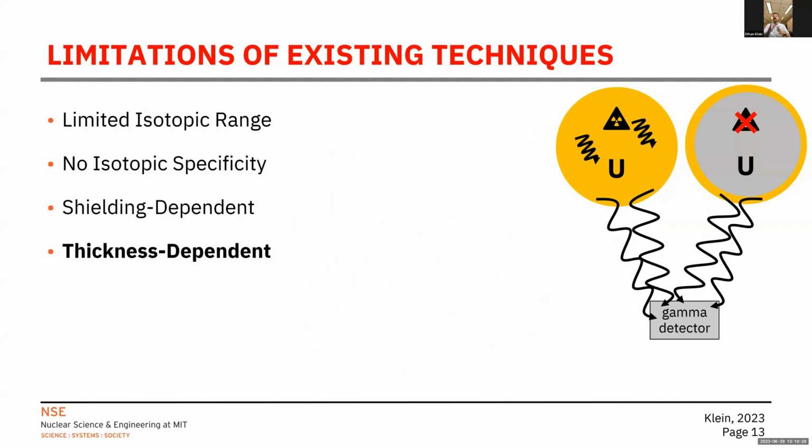What you can see on the right-hand side of the slide is that you could imagine replacing the interior of that uranium with something much less worrisome for nuclear non-proliferation concerns, such as tungsten, for example, which would have a similar density as uranium. And maybe you could divert that uranium for illicit uses, and you would still see a very similar, if not exactly the same, signature in your gamma detector.